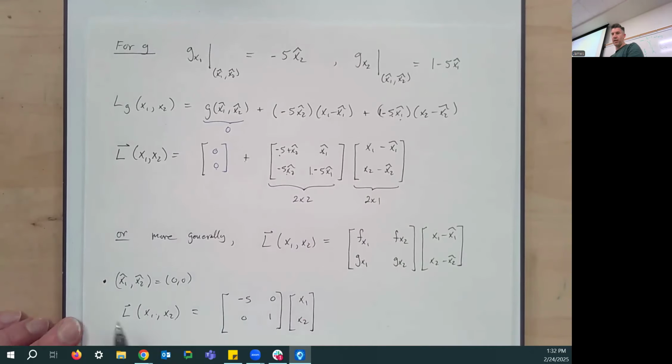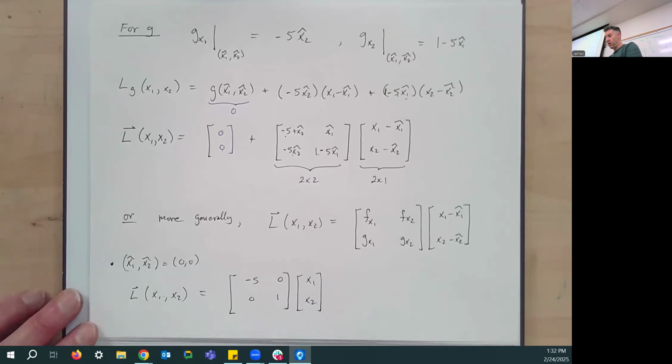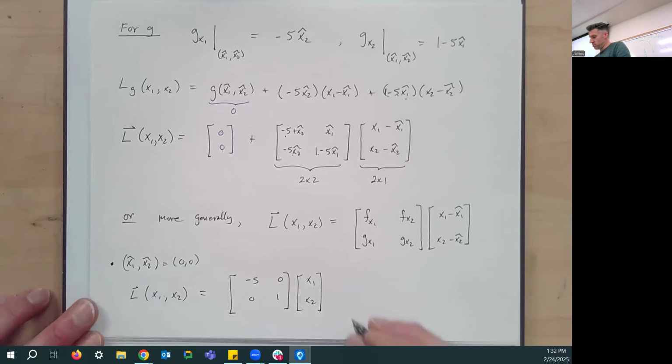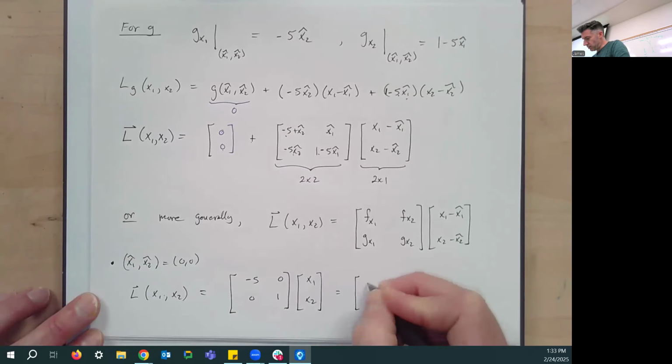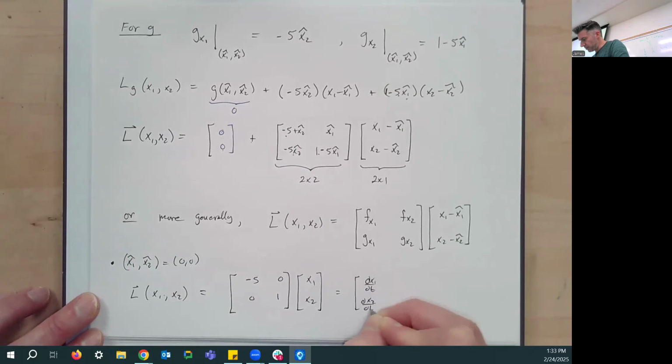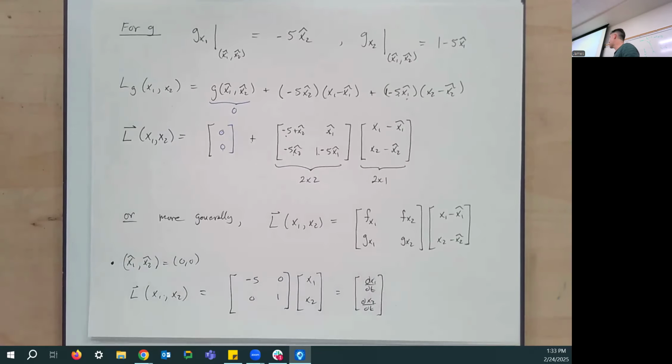To make it even more explicit, this is our F, G, which is just our dx1/dt, dx2/dt. This looks a whole lot like our typical derivative equals matrix times variable situation. I know I wrote the derivative on the wrong side; you can live with that.